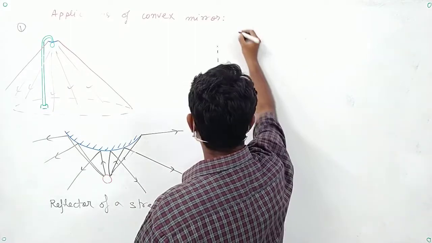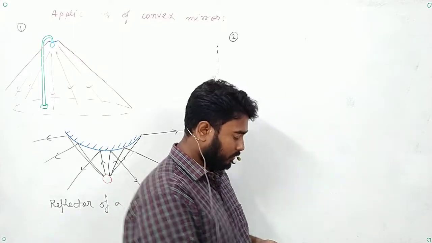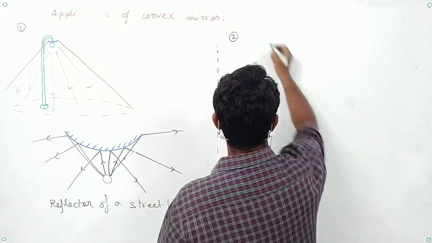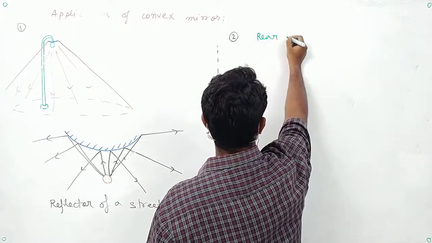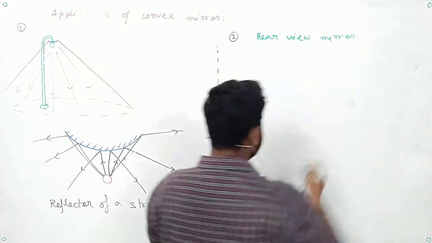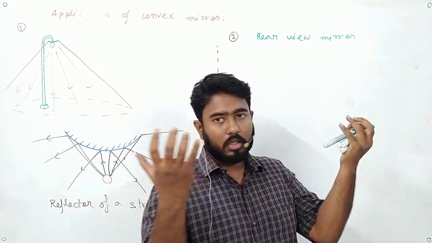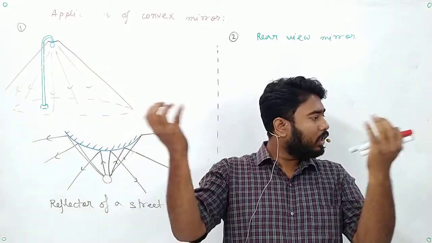Now we will do another use of convex mirror. This one is interesting. We have all heard about rear view mirrors. What are rear view mirrors? Suppose you have a bike. You see that there are two mirrors, like two ears of a bike.